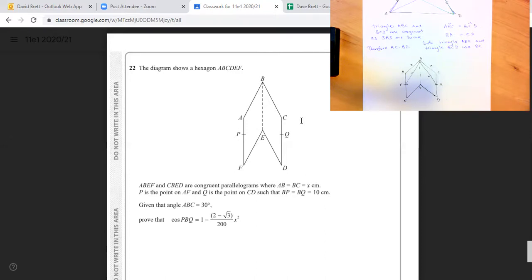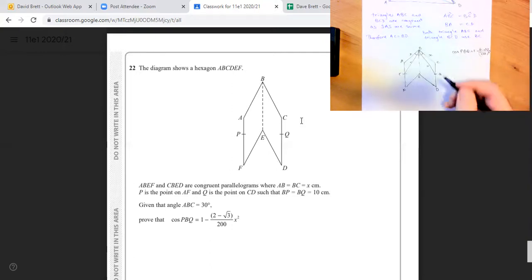Given that angle ABC is 30, prove that cos PBQ equals 1 minus (2 minus root 3) over 200 x squared.